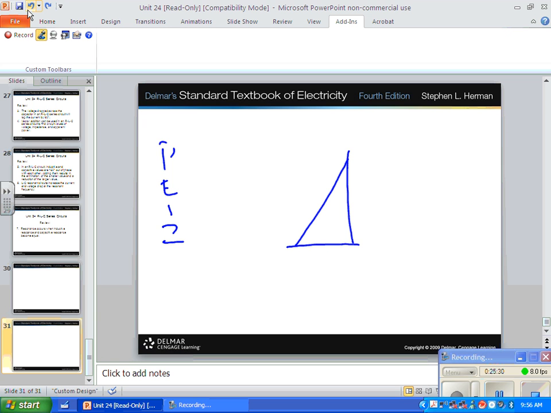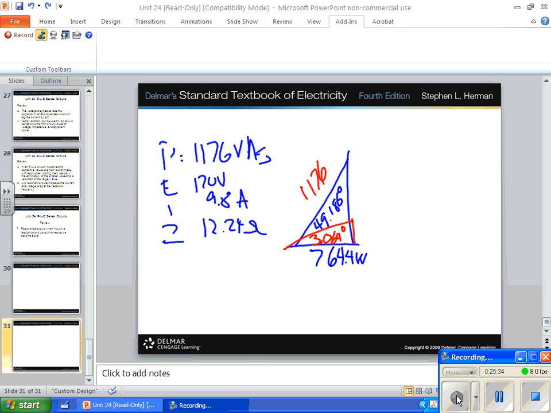So, what was our impedance? Okay, so what we know is that our previous triangle, before we power factor corrected this motor, it was taking 1,176 VAs, which is what you're paying Edison for, right? And it was cranking out 764 watts of cranking force.